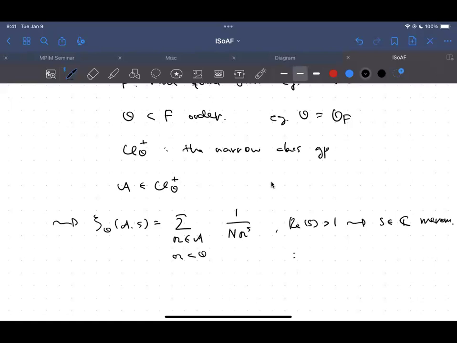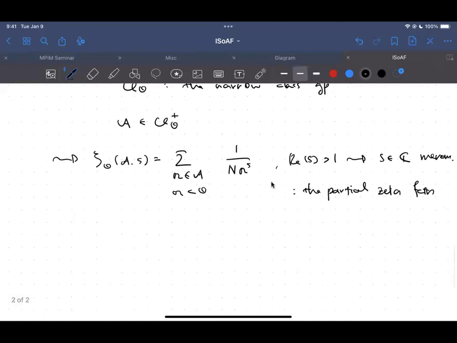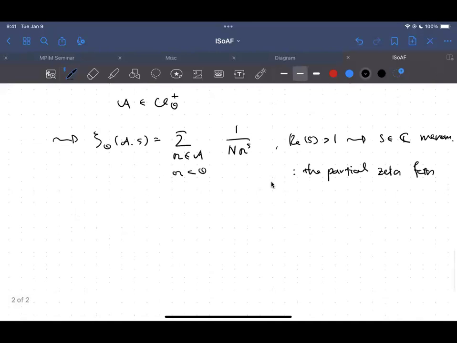This is called the partial zeta function associated to this order and the ideal class. This is a very interesting object and many things are known, so I will list some basic properties. The following properties are also known for partial zeta functions of totally real fields.